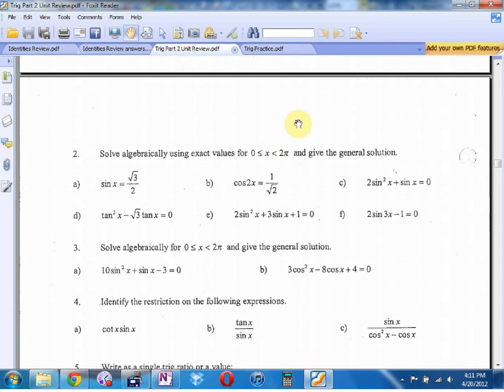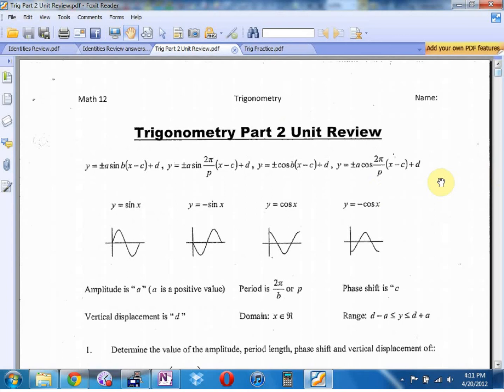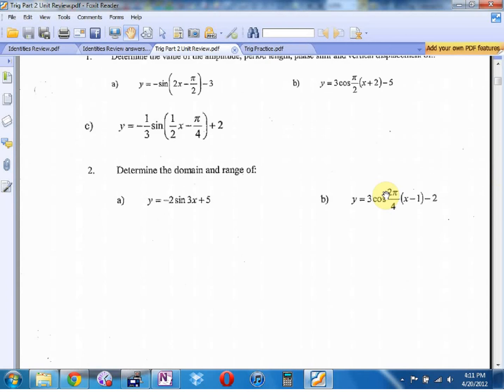The first 2a, not this one. This one? Yep. All reals. What's the vertical displacement? What's the vertical displacement? 5. What's the amplitude? So from 5, it's going 2 up, 7, 2 down, 3.